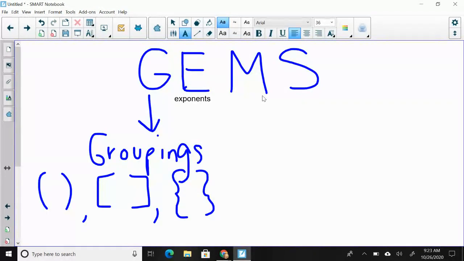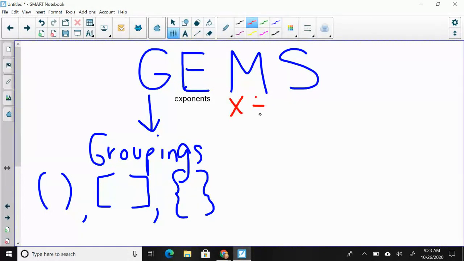Okay. Multiplication and division, left to right, because they are on the same level. So that stands for multiplication and division, and it is left to right. So if division appears first, you do division first. If multiplication appears first, then you do multiplication first.